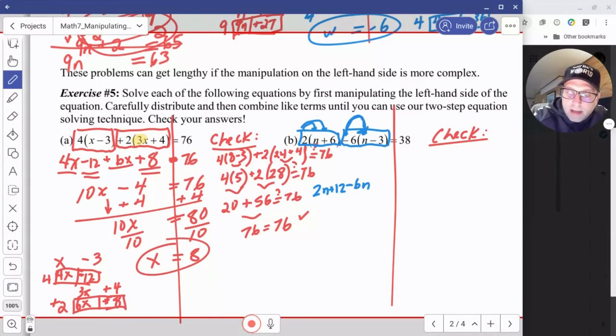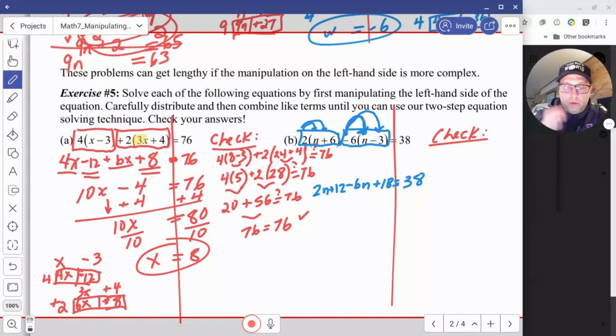And then again, it's a negative 6 times a negative 3. Negative times negative, got to know that, stone cold. Negative times negative is positive. That's plus 18. Bring down the equals, bring down the 38.